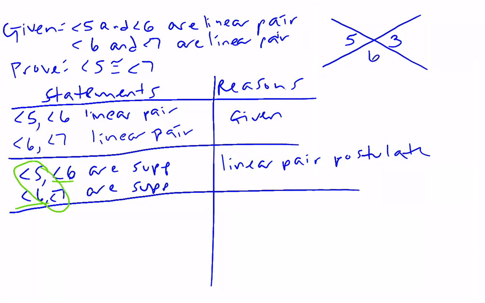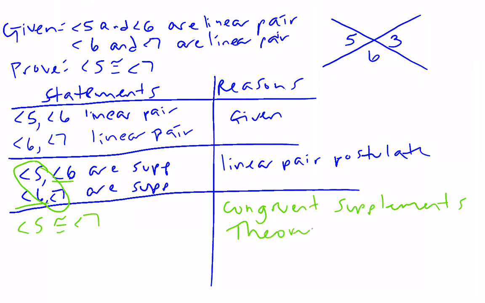So from that theorem, I can conclude that angle 5 is congruent to angle 7, and that was the congruent supplements theorem. And I'm actually done with my proof at that point. So this is why proving these little things are really helpful, because after I do them, I can use them.